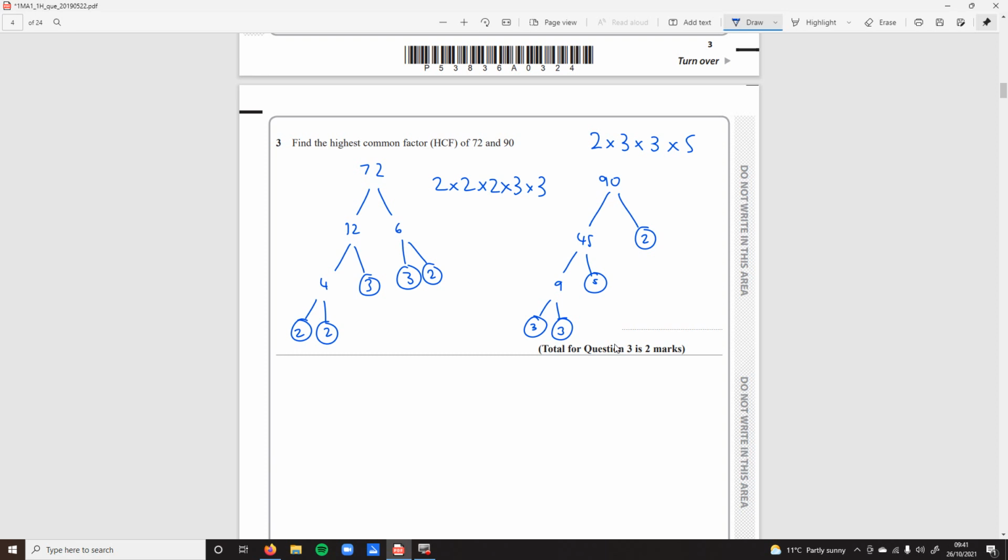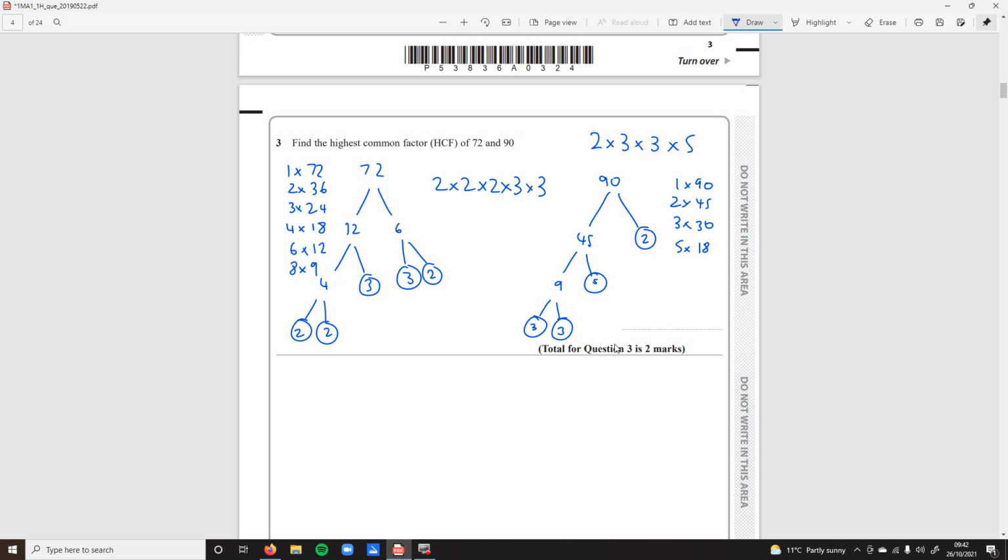Now, I don't really know why I did this, because it's probably easier just to list the factors of both. So 1 times 72, 2 times 36, 3 times 24, 4 times 18, 5 times nothing, 6 times 12, 7 times nothing, 8 times 9, and they're your factors of 72. And then 90, 1 times 90, 2 times 45, 3 times 30, can't do 4 times, 5 times 18.